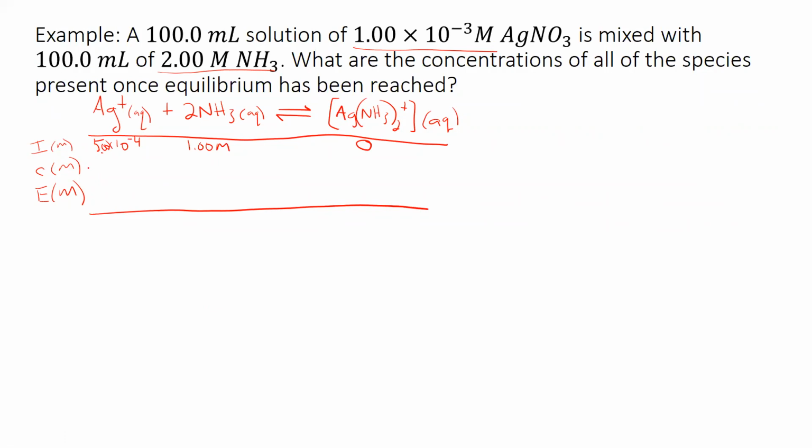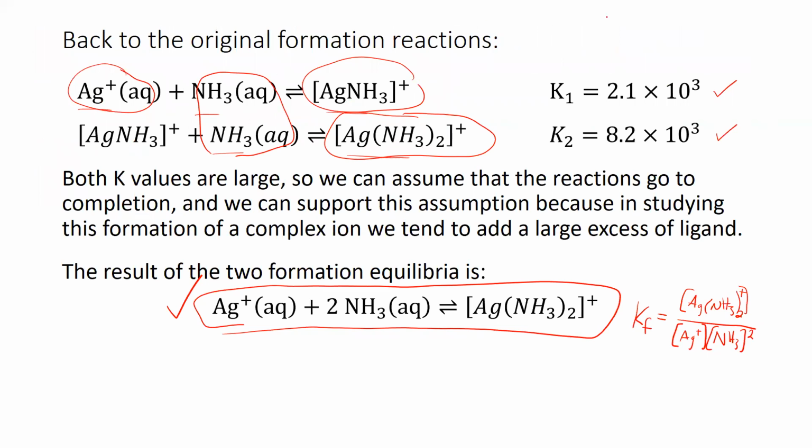Now, another thing for us is that when this chemical reaction occurs, we're going to use up almost all, right? So I can say minus about, and I'm going to put that there sort of for a reason. I'm basically saying in this initial calculation, we're going to use up all of that silver ion because those equilibrium constants that we talked about up here are really large.